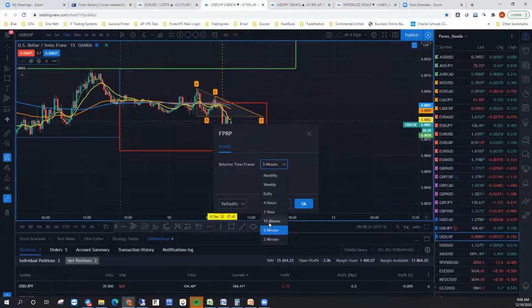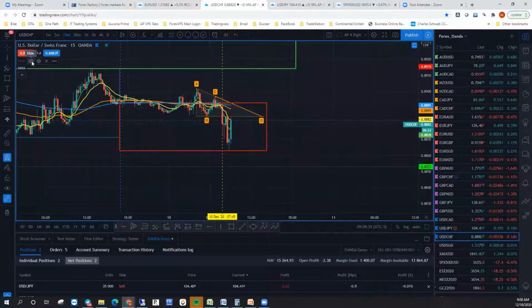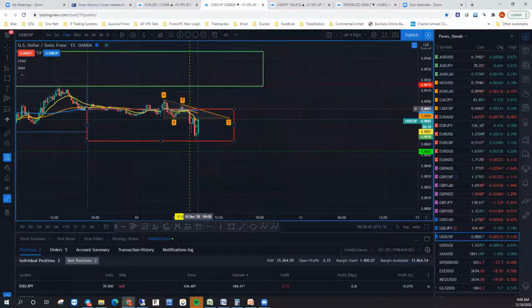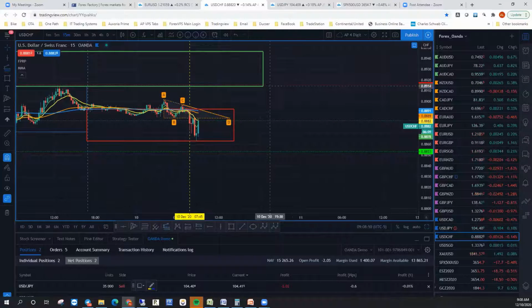Let's see what a 15-minute looks like. Let's see if there's a 15-minute range on this. Here's the middle of our 15-minute zones right here. It's right in the middle of all this. If I were to take our trend tool, see where the middle areas are.